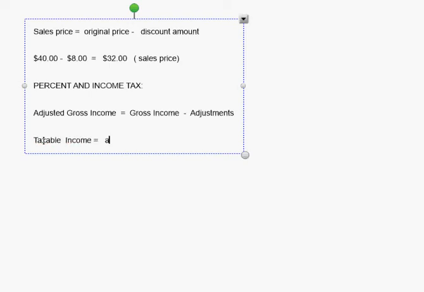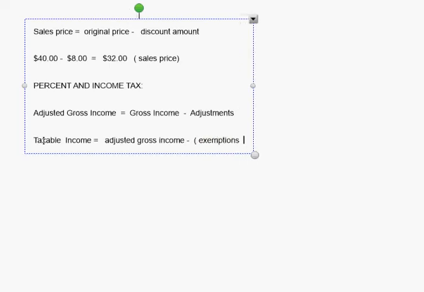Taxable income is the adjusted gross income minus exemptions and deductions.